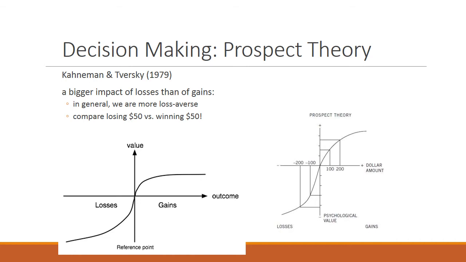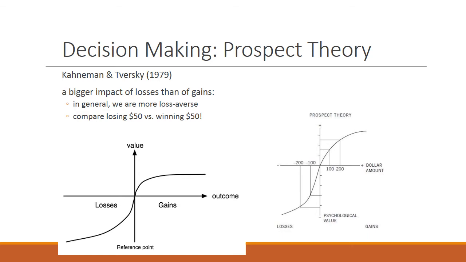If you compare winning $100 to losing $100 on that right graph, for example, the psychological value of losing $100 seems to be greater than the psychological value of winning $100. The psychological value of losing $100 is more negative than the psychological value of winning $100 is positive. So that takes into account this loss averse tendency of decision making.